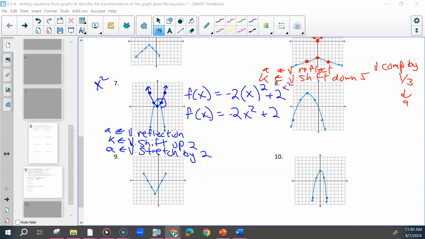And then compare that to the original we drew in 7. What changed? It did move to the left. Okay, let me finish this and then I'll write that.